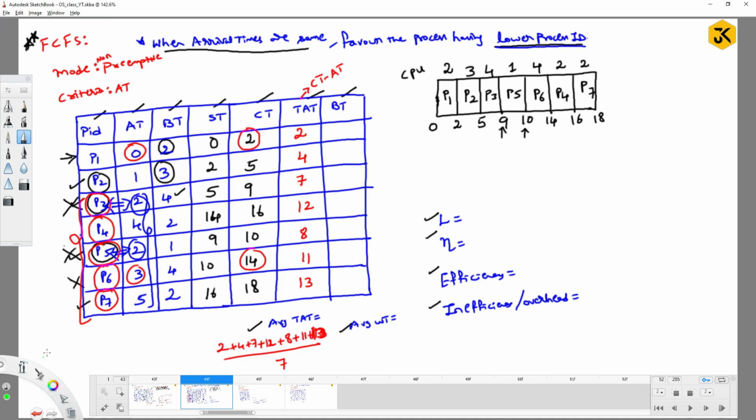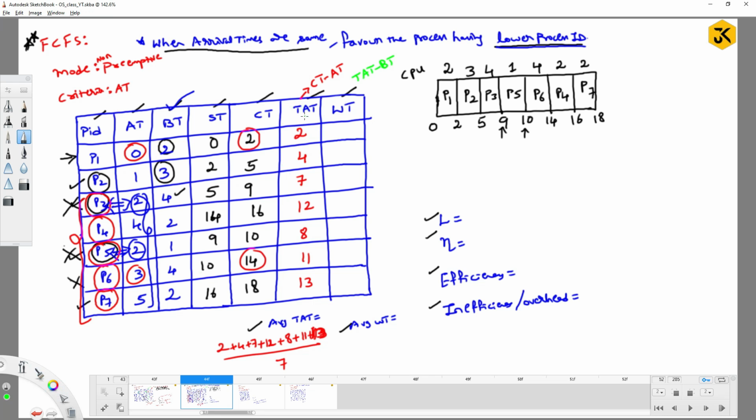Similarly, can we calculate the burst time? Burst time is turnaround time minus burst time. Guys, here you have to calculate waiting time, not the burst time, because burst time will be given in the question. So you have to calculate waiting time. Waiting time is turnaround time minus burst time.